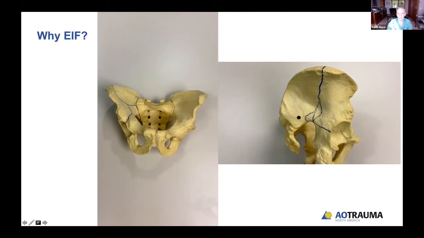We don't address pilons or plateaus or distal femurs this way, and that's largely because those are direct articular reductions as opposed to these being indirect. But if we had the ability to do an indirect reduction, which was anatomic, by creating space between the intact innominate bone and our two columns, it's an intriguing possibility.